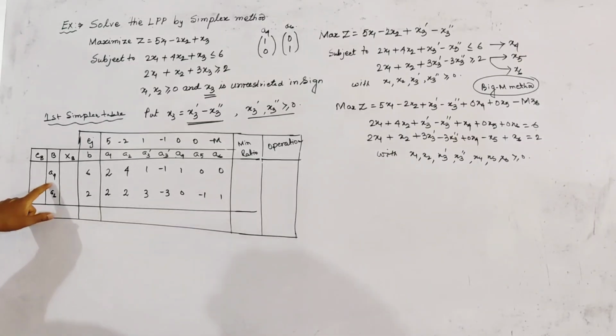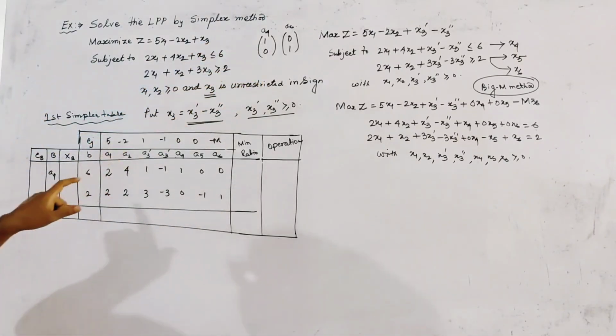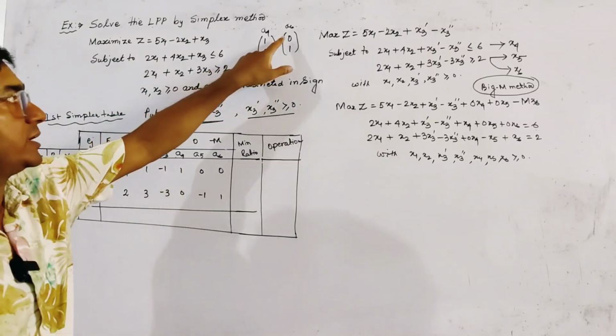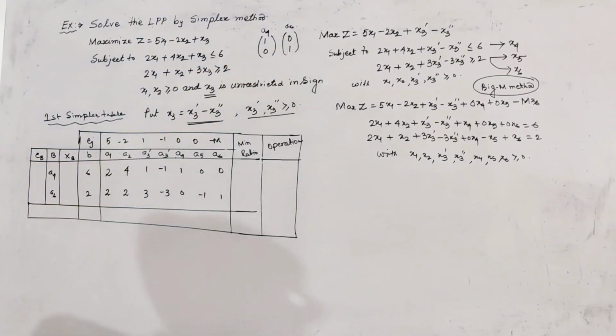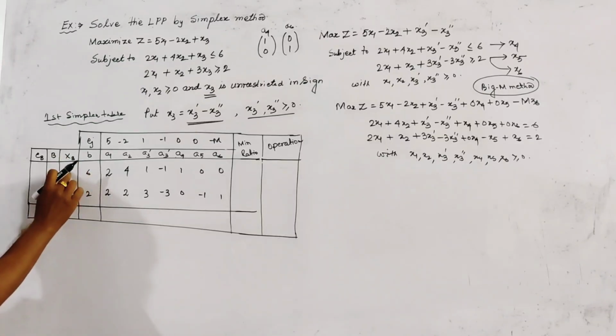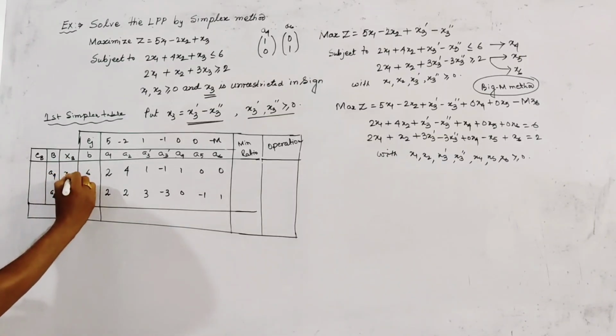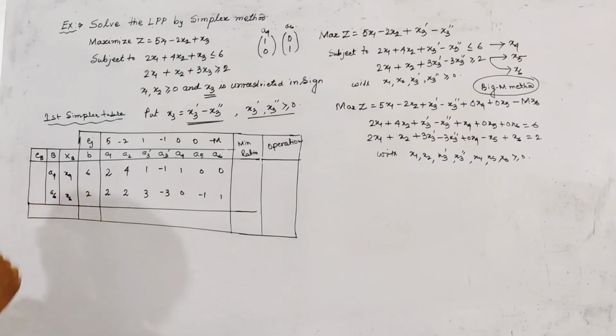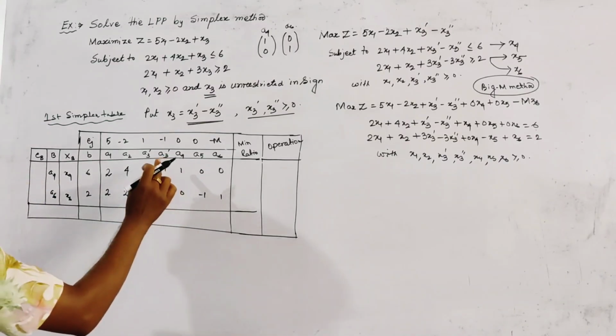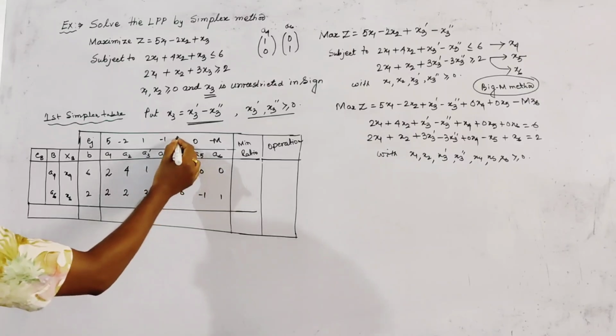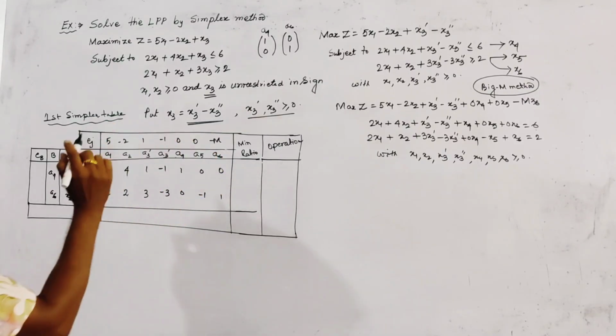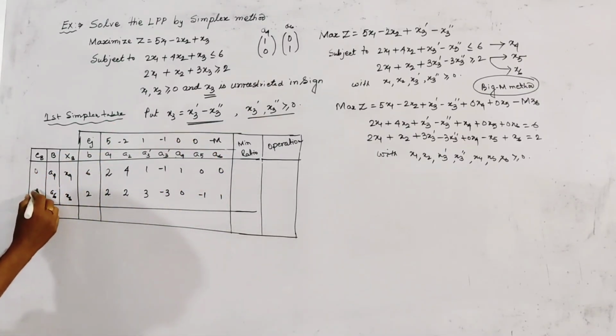We must write the first vector, that is 1, 0, in the first row, and the second vector, that is 0, 1, in the second row. Okay, A4, A6, and we write here the corresponding basis variables, x4 and x6, and this is given by the cost vector corresponding to the basis. The costs corresponding to the basis are A4, this is 0, and A6, this is minus M.